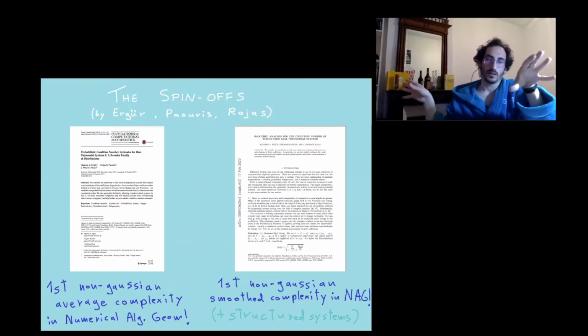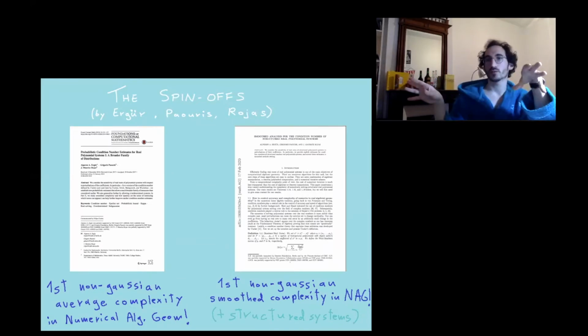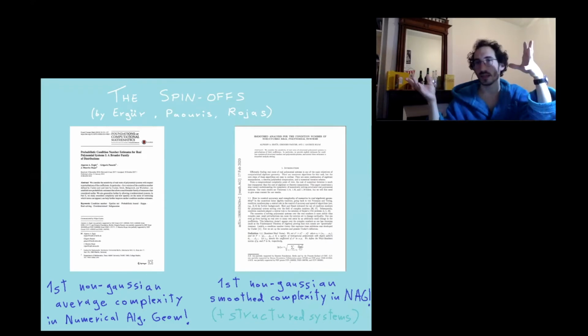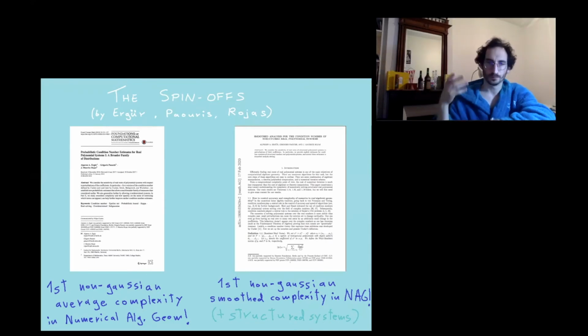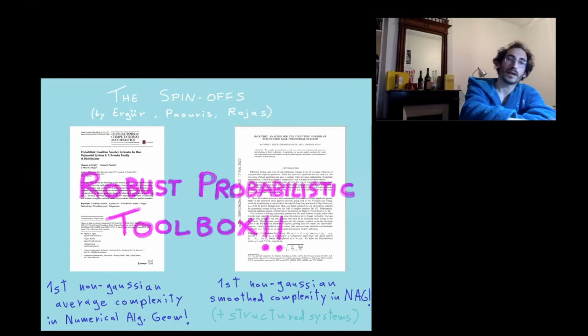Plus, they extended some of the results to certain classes of structured polynomial systems. But the important thing about these two papers is that they provide us with a robust probabilistic toolbox for analyzing numerical algorithms based on the grid method.